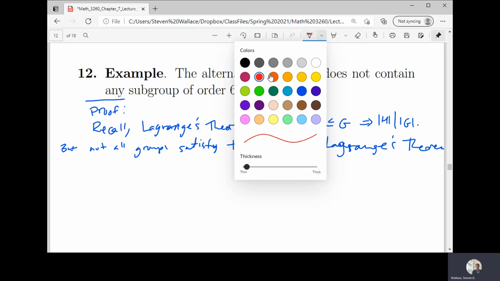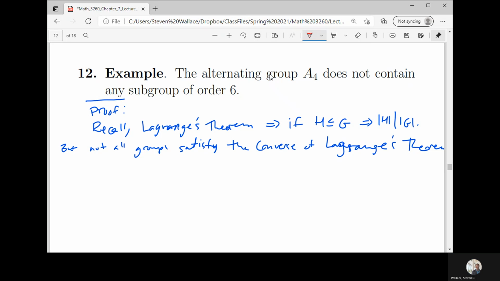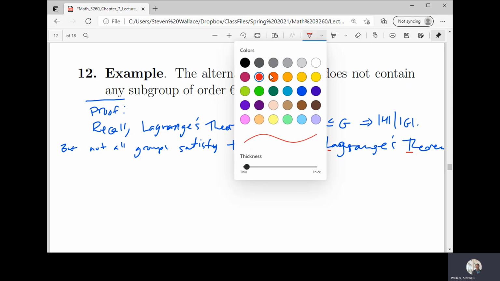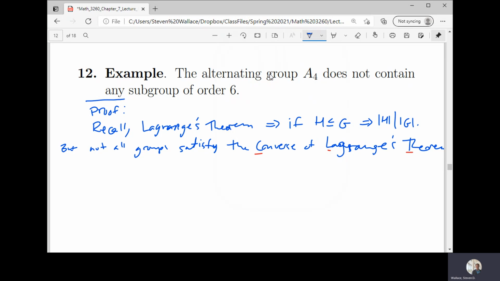Okay, so CLT is what we call a group that does satisfy Lagrange's theorem backwards, right? Which says if you have a divisor of the order of the group, then there is a subgroup of that order. Now, this example is saying A4 is not CLT.